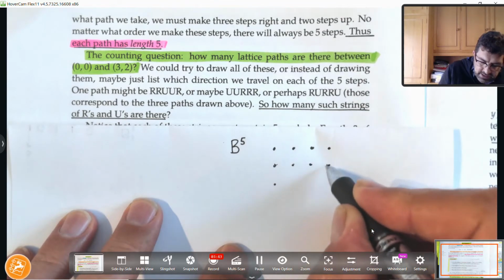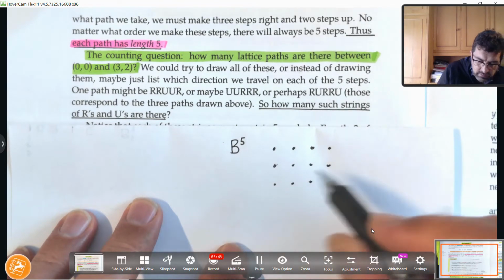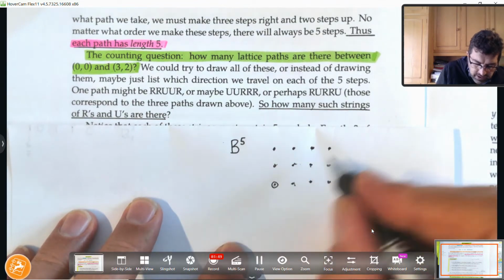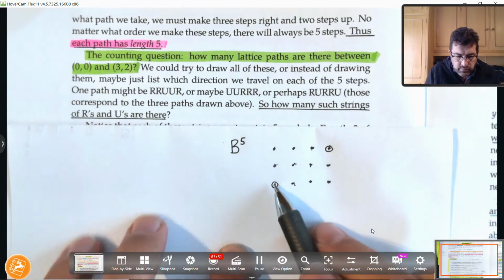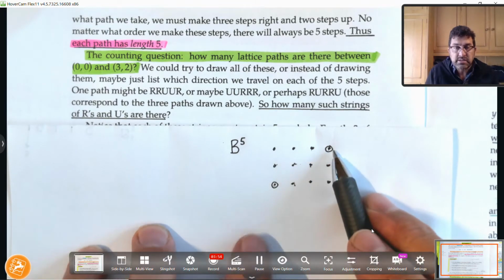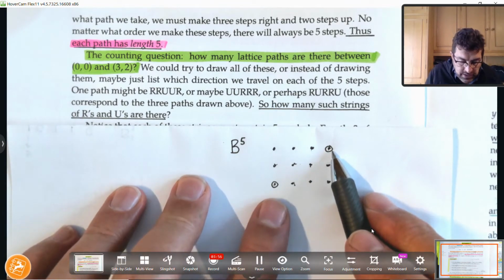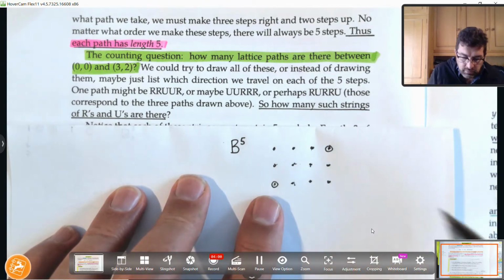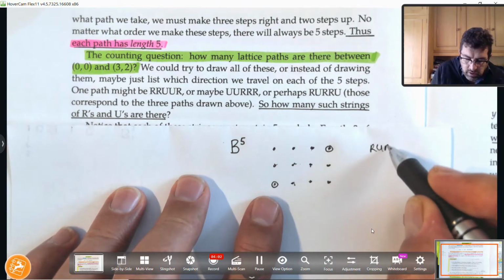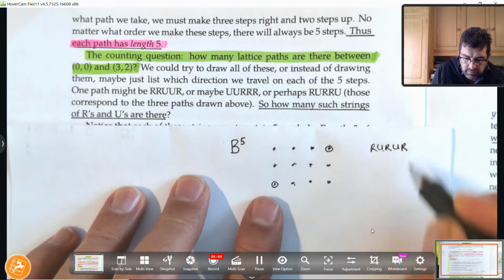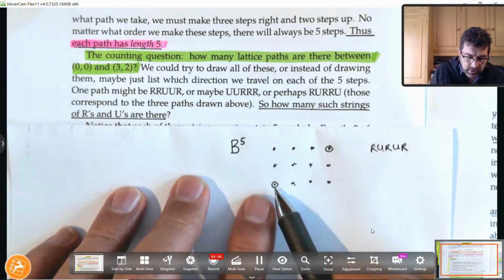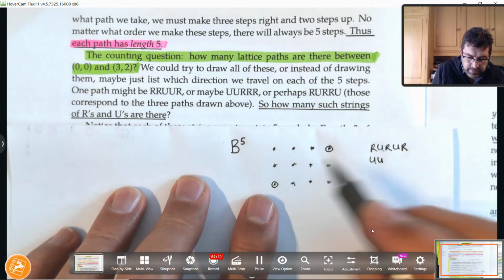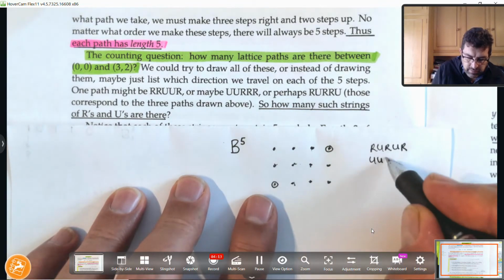We want to get from here to here. So we can move right, up, right, up, right. That will be RU, RU, R, our code.